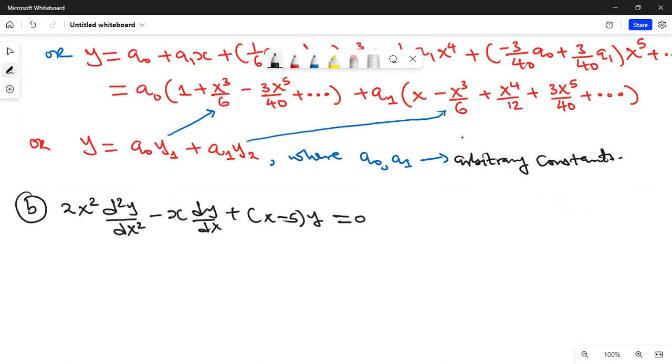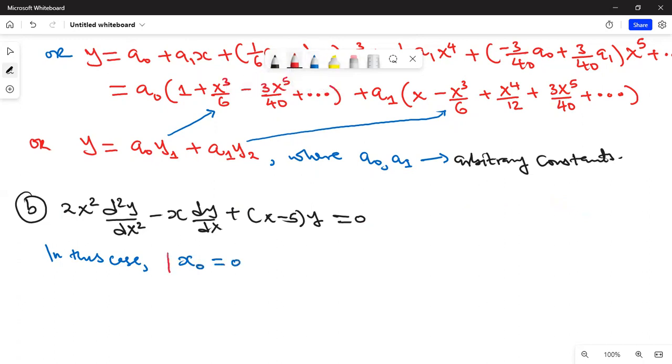Remember, again, we want a series in powers of x. We said x naught is equal to 0. In this case, our x naught must be equal to 0.